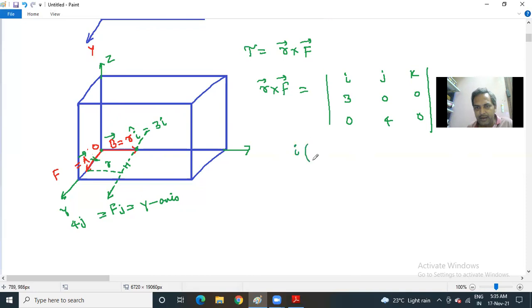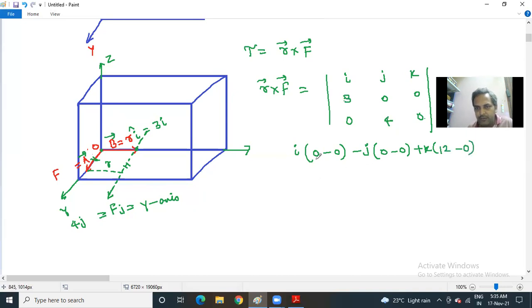Now when you take i, forget about this column and row: AD minus BC. This will be 0, and this will also be 0, 4 into 0. Minus j: you forget this column and this row. So AD, it will be 0, 3 into 0, and 0 next. Plus k: you forget this column and this row. AD, it will be 12 minus 0.